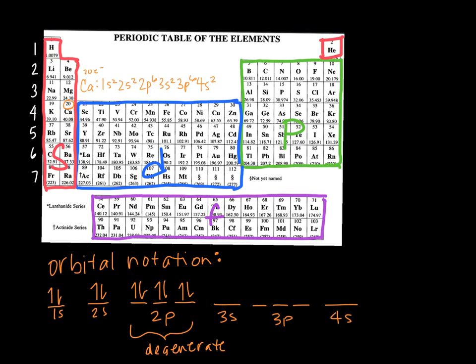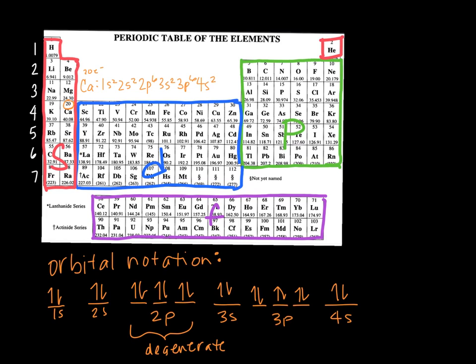And so each one of these arrows represents an electron. And so there's all 20 of calcium's electrons.